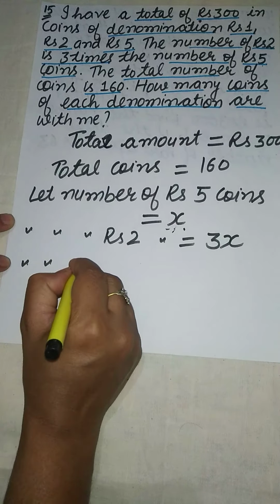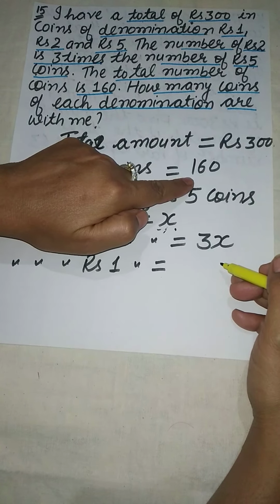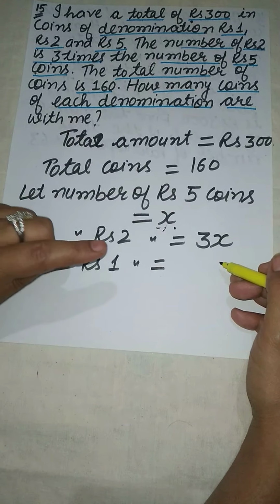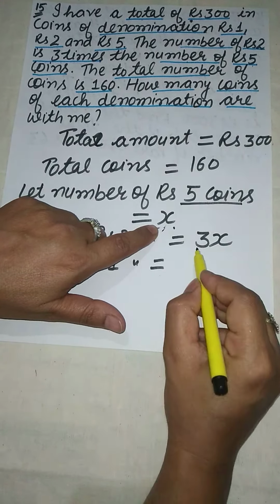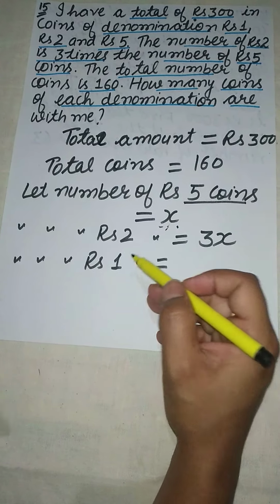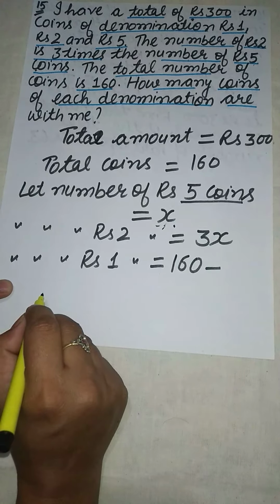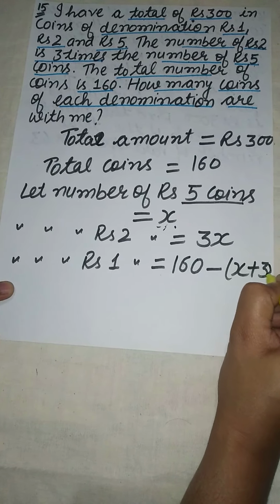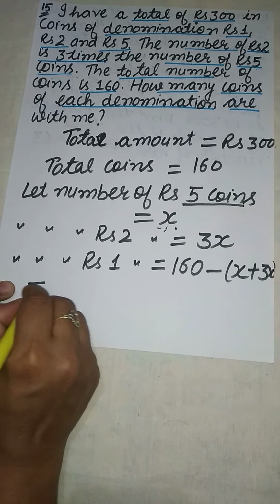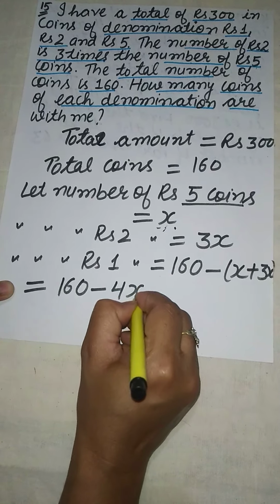Now the number of rupees 1 coins will be, because we have a total of 160 coins, out of which x coins are of rupees 5, 3x coins are of rupees 2, and the remaining will be of rupees 1. So rupees 1 coins will be 160 minus the rupees 5 coins plus rupees 2 coins, that is 160 minus x plus 3x, which is 160 minus 4x.